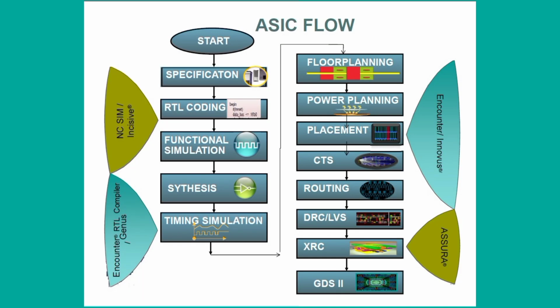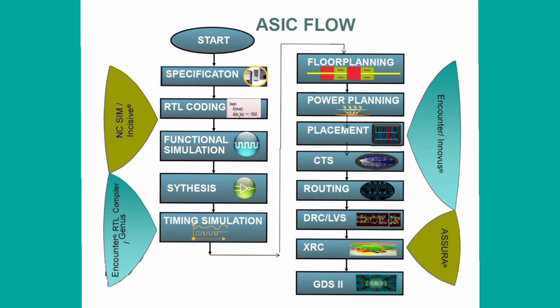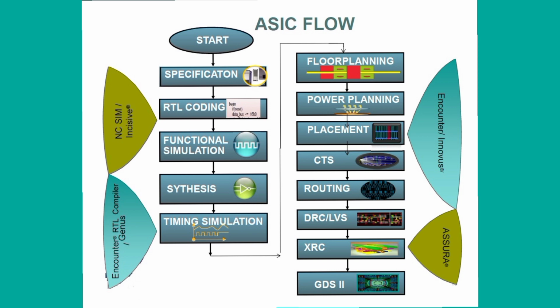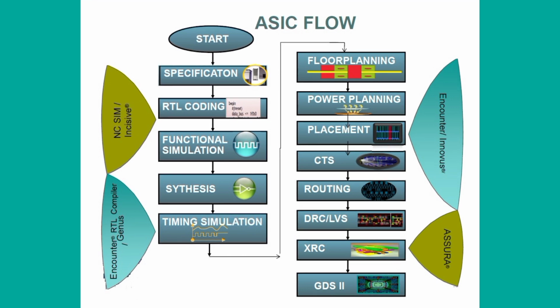Let's see the ASIC flow. Start with the specification of the project, RTL coding, next functional simulation of each and every block, and next synthesis of the processor. We need to see the timing reports and timing simulation in the processor synthesis.